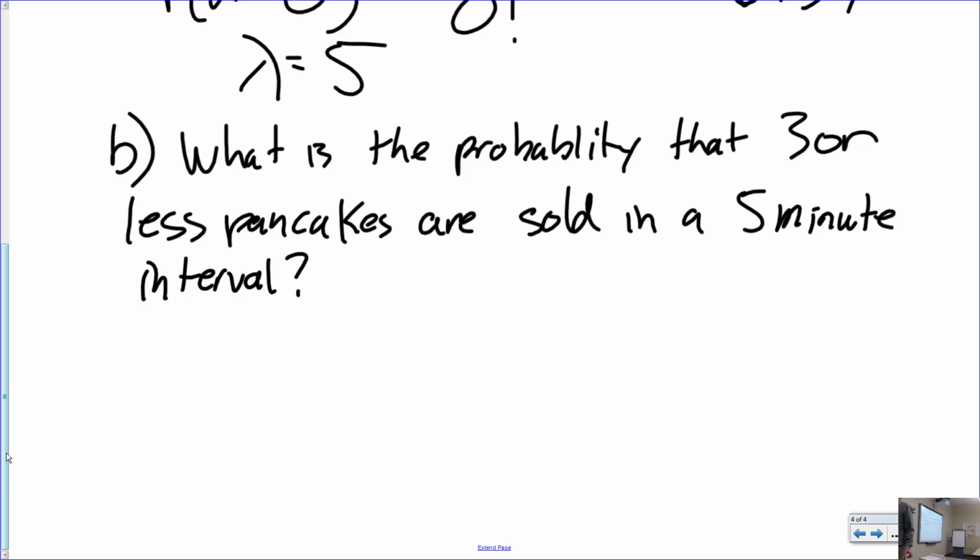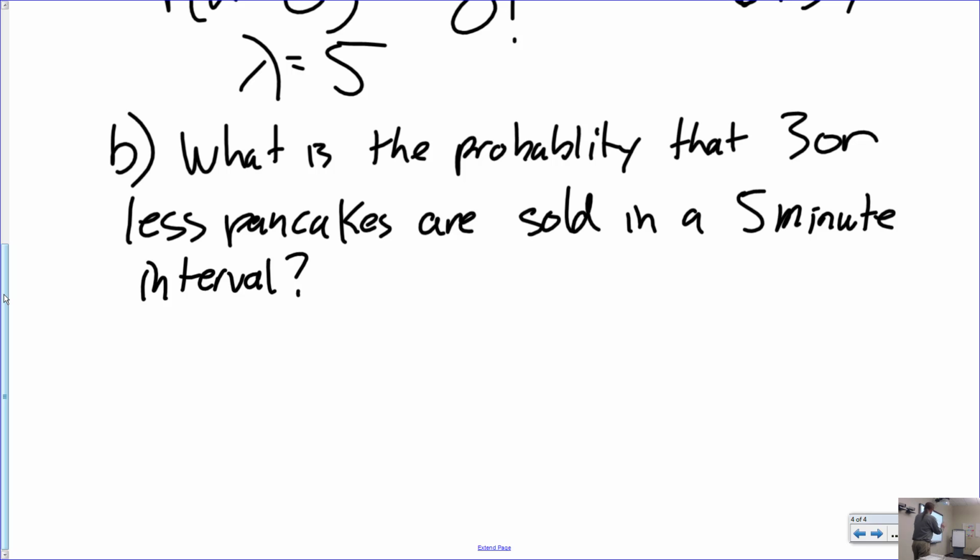So the same stuff that we were talking about in binomial distributions applies to Poisson distributions. You can have less thans, greater thans, as many as, that sort of thing.